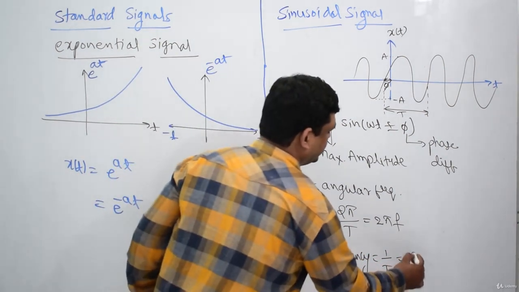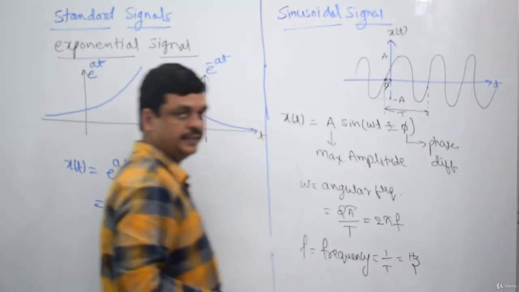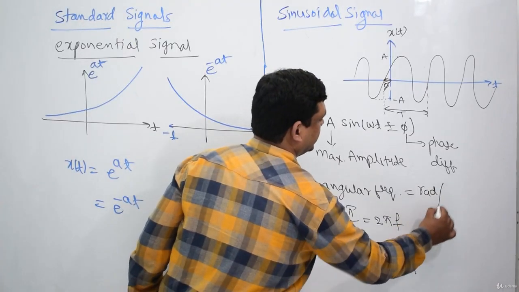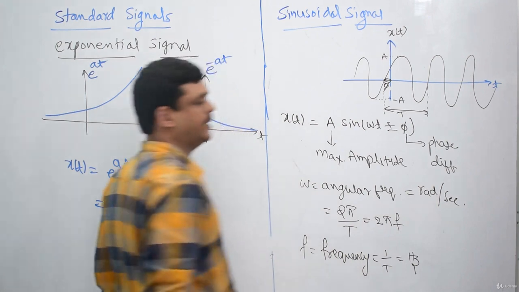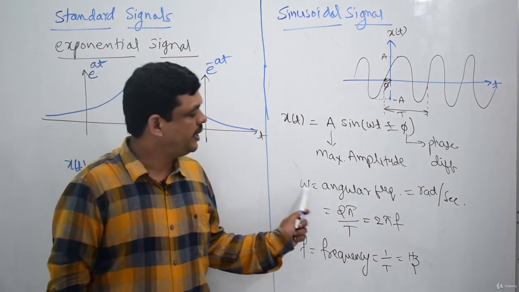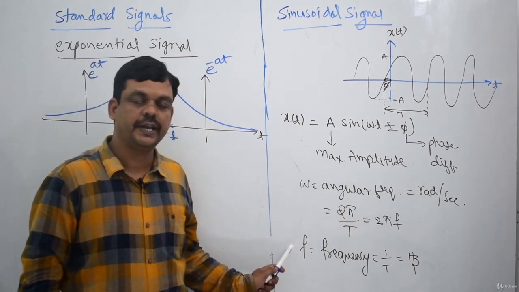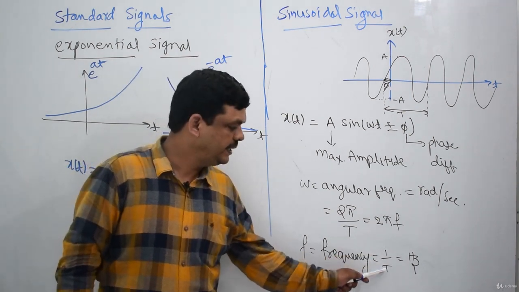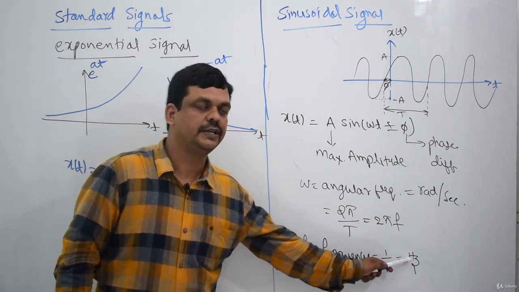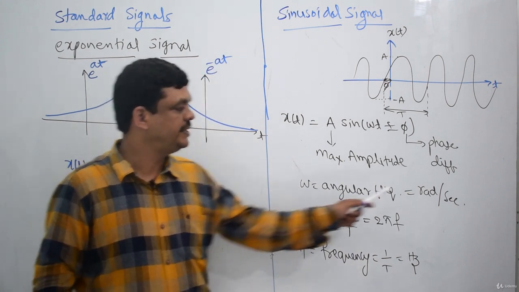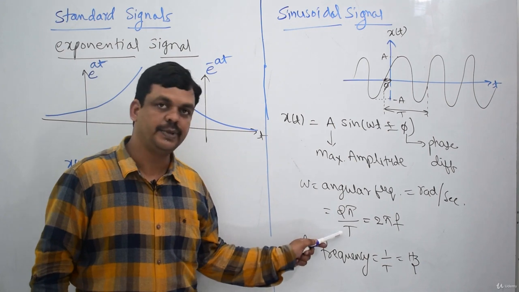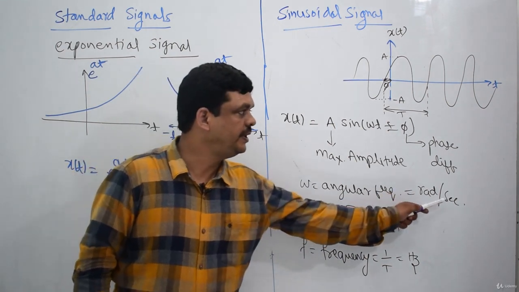The units of omega are radians per second. So omega is angular frequency and f is frequency. Frequency is 1 by time period and the unit is hertz. Angular frequency is angle by time period, so the unit is radians per second.